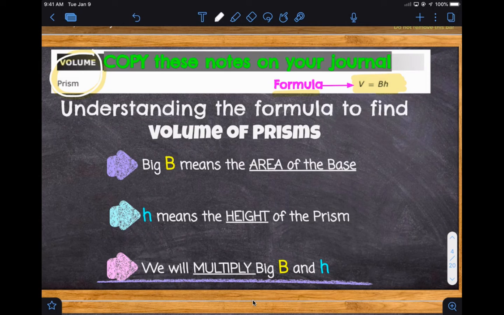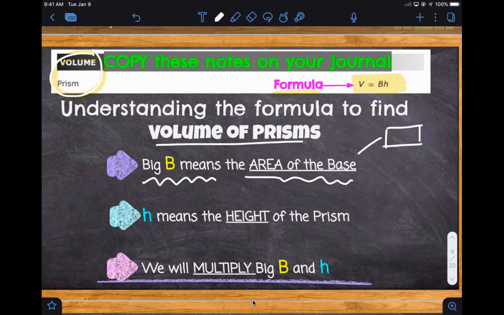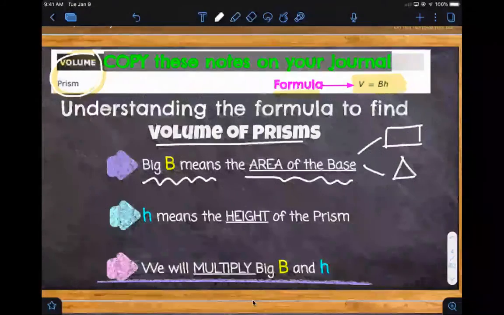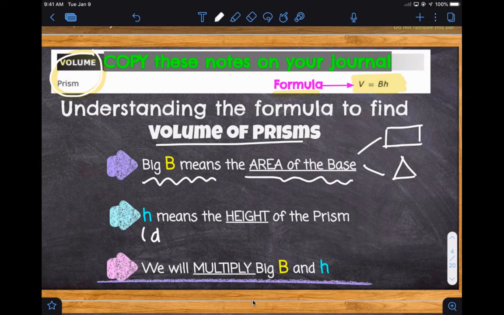So here we have understanding the formula to find volume of prisms. The big B means the area of the base, which could be a rectangle or a triangle. Those are the only two that we're going to be dealing with in this grade level. Then H means the height of the prism, which is the distance between the two bases.